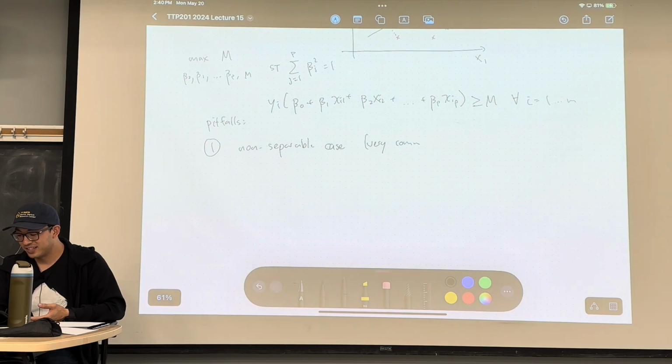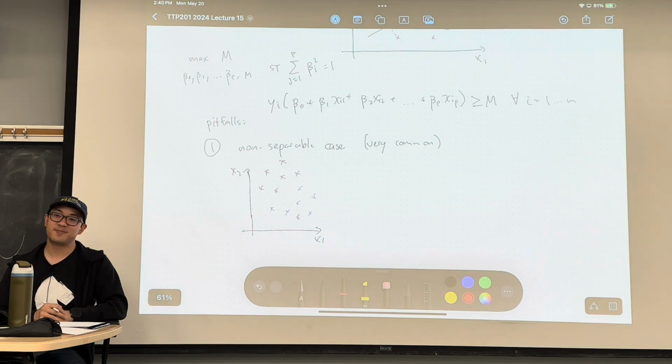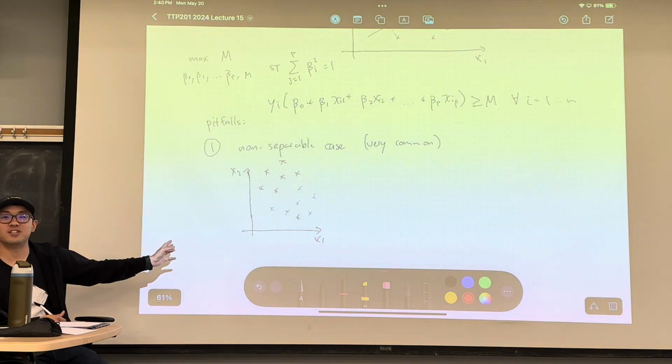If I have x1, x2, and I do my same old stuff like before, but then I have, bam, one point like that, you can't do a maximal margin classifier anymore.